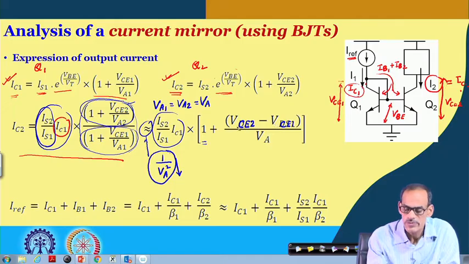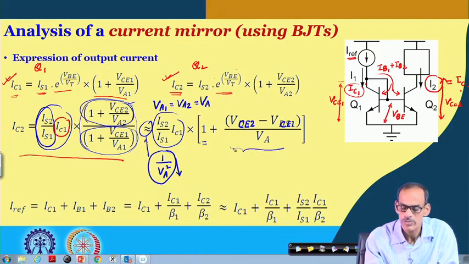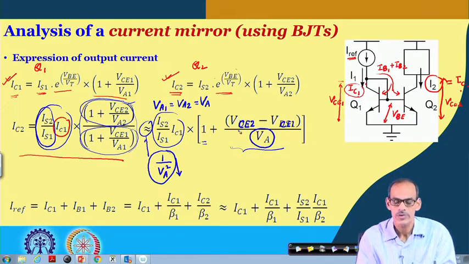So, in case the VCE of the two transistors are equal, again this part will be equal to 0, but if they are different, then we will get a value, and this additional component of course depends on the value of this early voltage.